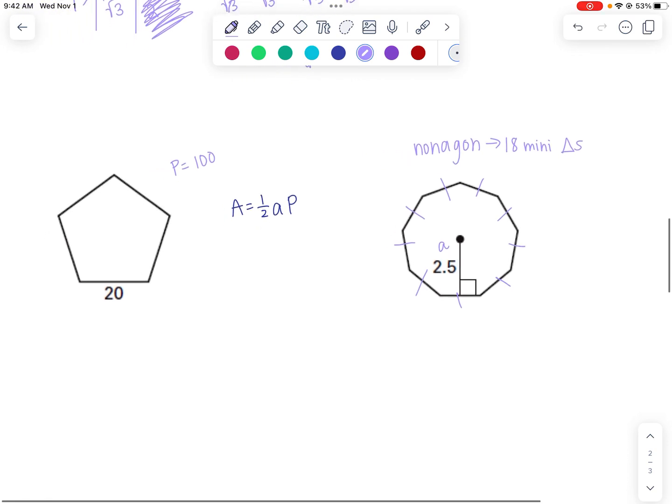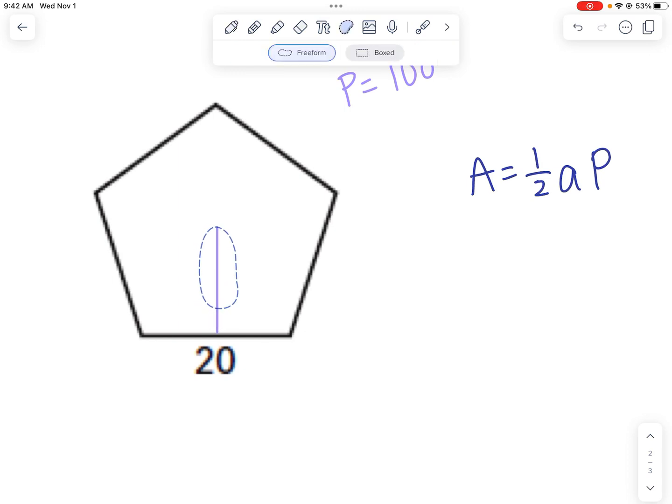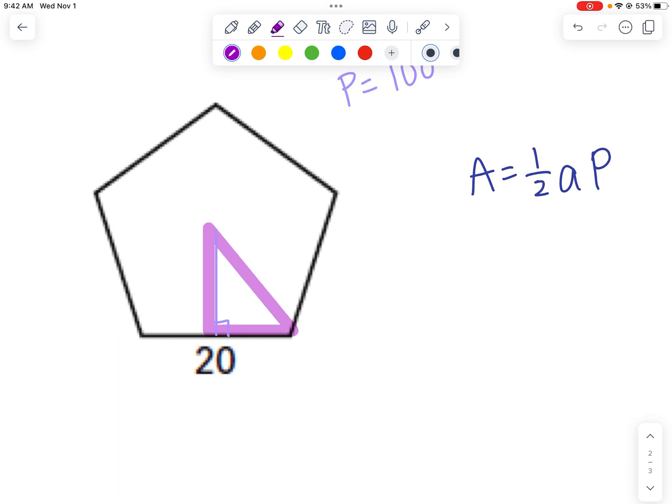So let's take a look at this pentagon. I have the perimeter. What I need is the apothem. So if I sketch in a right triangle here, a lot of Unit 6 goes back to Unit 5.